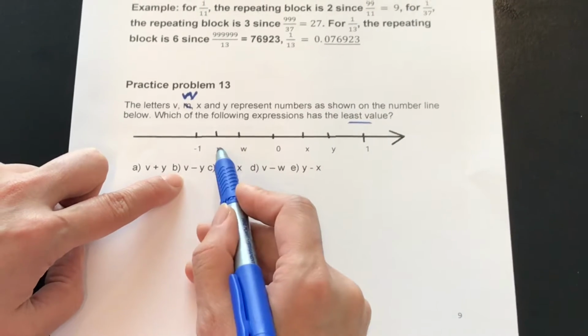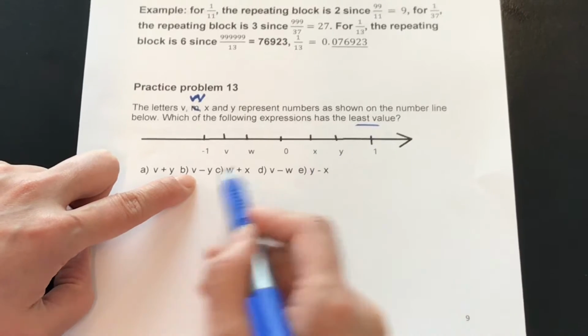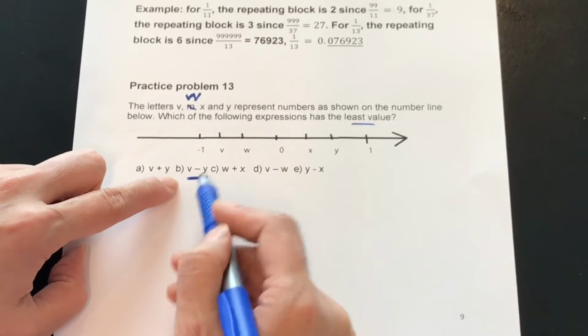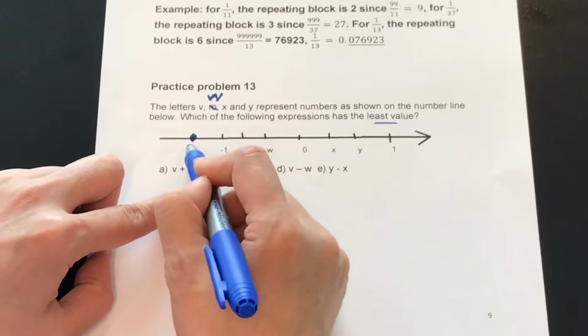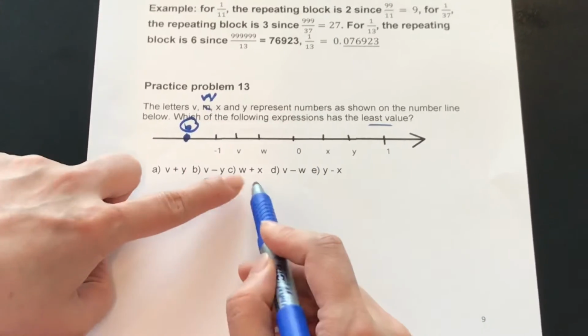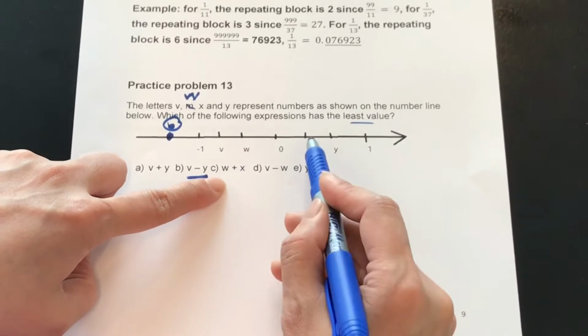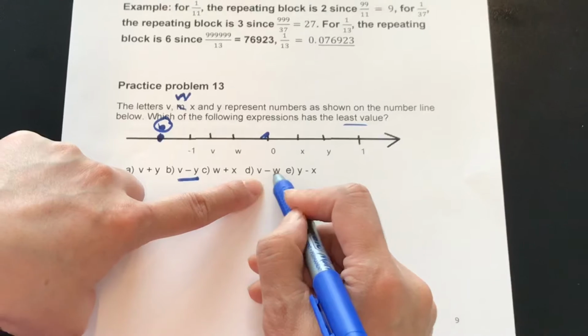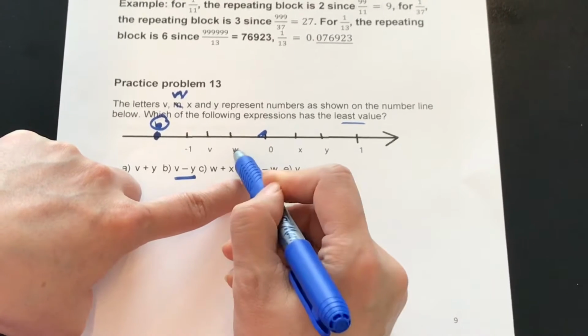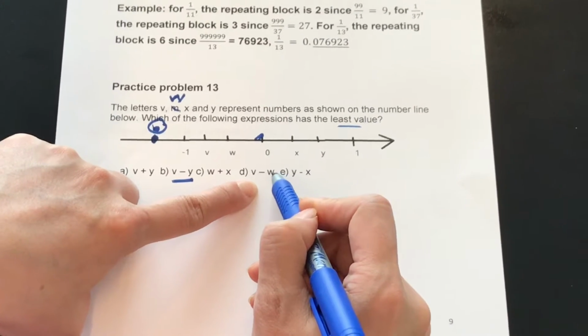V minus Y, V is negative, Y is positive. So this becomes even more positive, should go somewhere in here. Okay, that's B. W plus X, W is negative, X is positive, so they'll come around here. V minus W, V is negative, minus W is a negative sign, right?